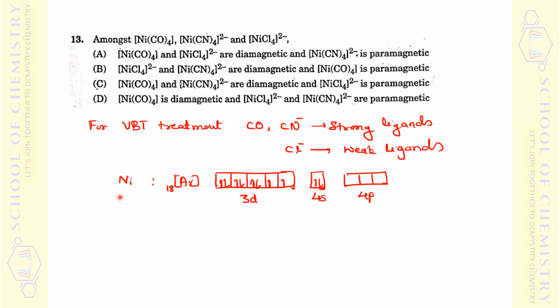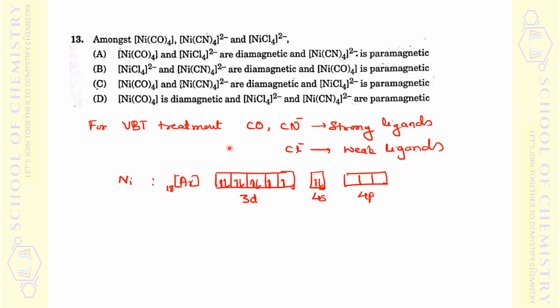Now if we consider the nickel electronic configuration, nickel in the elementary state is 3d8 4s2. Of course, 4p vacant orbitals will be available. So now first, Ni(CO)4: you might know it's a carbonyl compound where nickel is in the zero oxidation state.